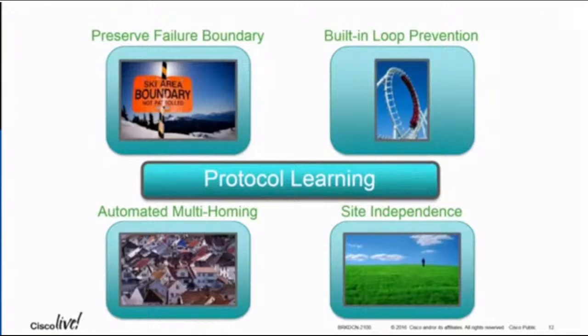Site independence in that matter. Let's talk about VPLS. It's a large STP domain. One single packet can create a loop and a disaster in your network, right? What OTV does is it restricts the BPDUs or the STP traffic within the edge device itself, and all of the data centers will do the same. So the site is quite independent.